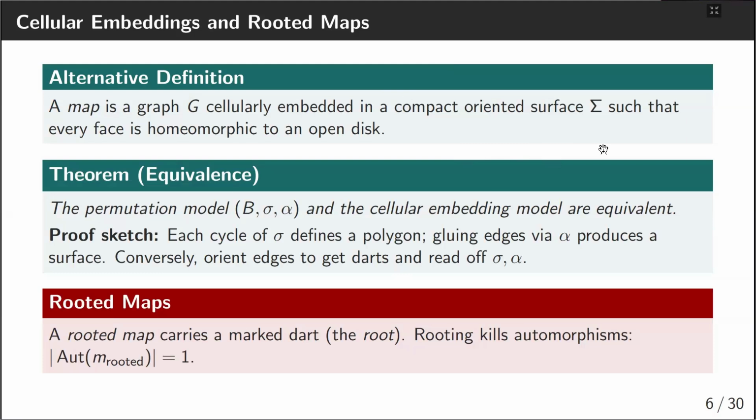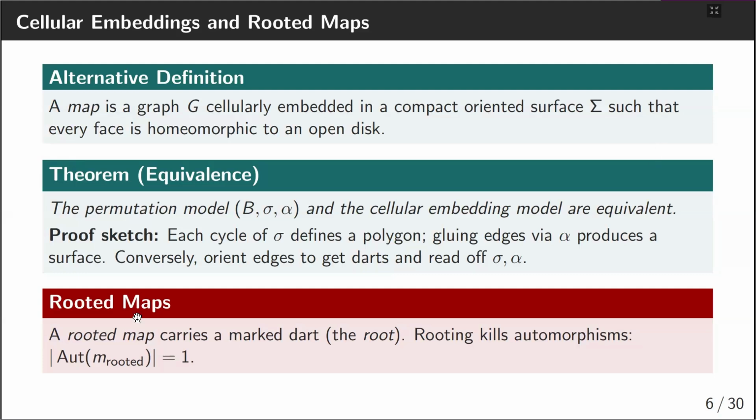We can do a proof sketch: each cycle of sigma defines a polygon with gluing edges via alpha, which produces a surface. Conversely, we can orient the edges to get the darts and read off sigma alpha.